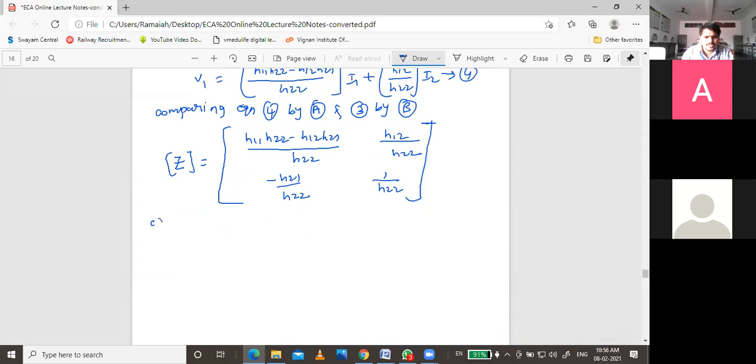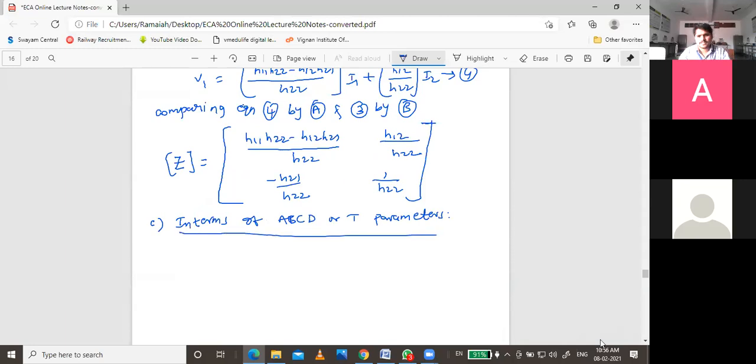Okay. Now the next one is what? That means Z parameters in terms of ABCD parameters. ABCD are T parameters, transmission parameters. Now let us represent our Z parameters in terms of ABCD parameters. So first, what is the procedure? Only one: first write down the equations.